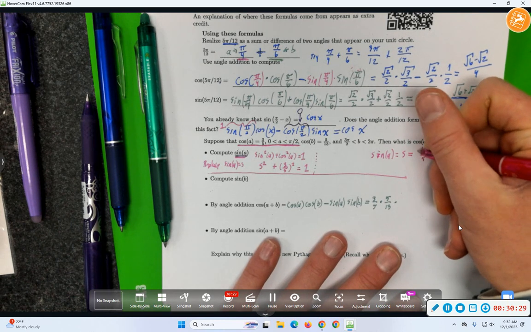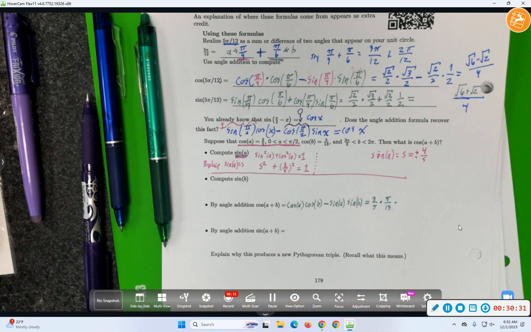Maybe I'll emphasize one last point. Depending on how careful you are with undoing a square with a square root, you would have got a plus or minus 4/5. Why plus? Because of the range.